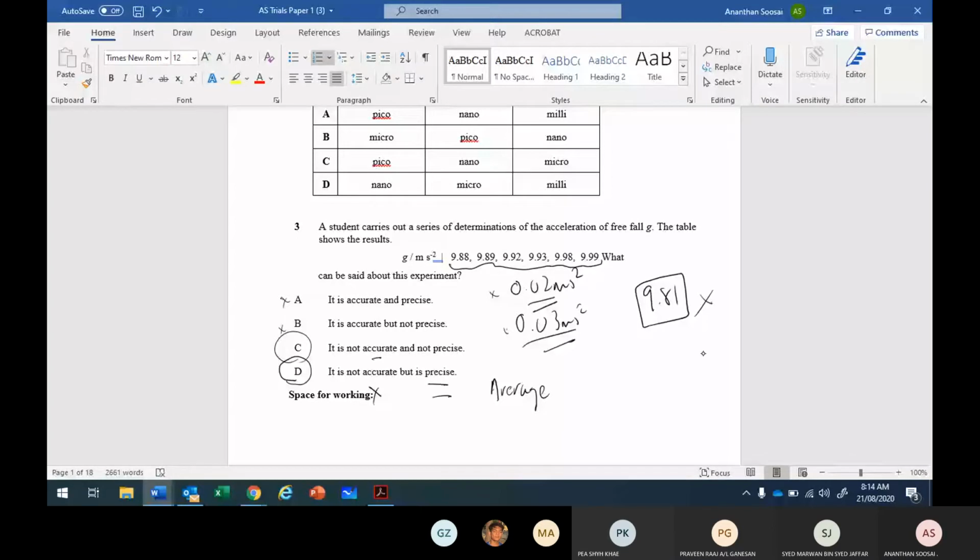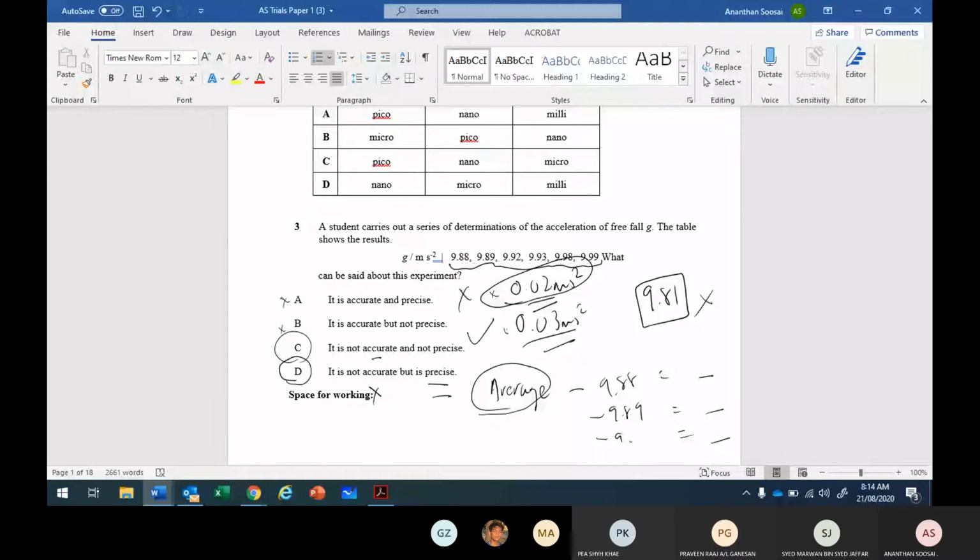Then subtract, check the difference with 9.88, then 9.89, subtracting from all the readings. Check how much each is deviated from the average value, the mean value. If they say precise within 0.02, check. If any goes more than 0.02, then it's not precise within 0.02.